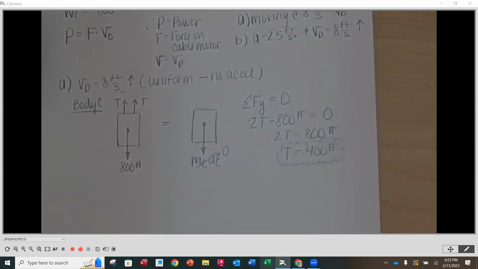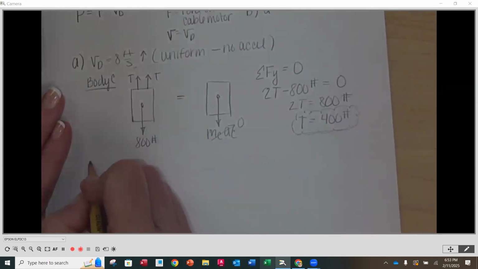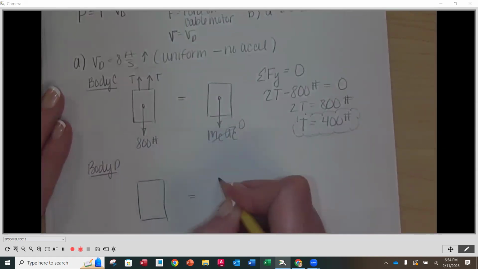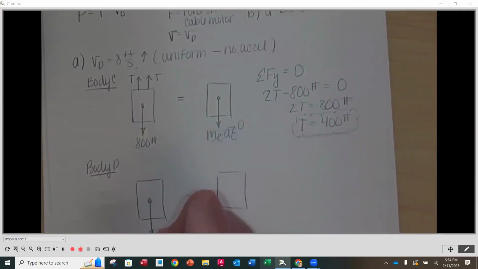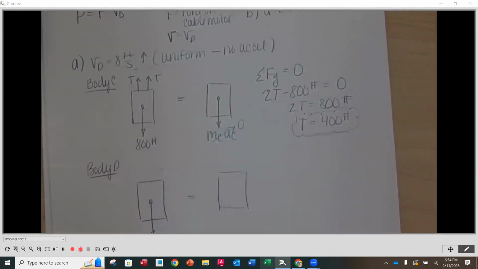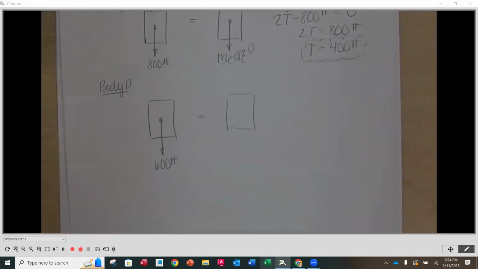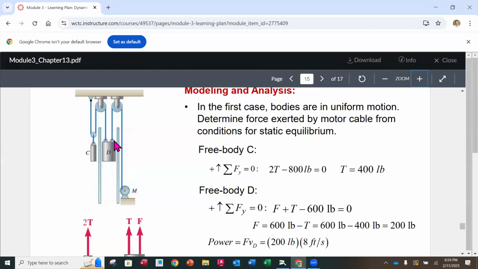Now we're going to do the very same thing for body D. Okay, body D. So kind of the same thing, but we're going to have a little bit different connections. So we know that the weight is 600 pounds for our dumbwaiter up here. And if we look back at our illustration, on the right-hand side, this is going to be the force going to the cable.